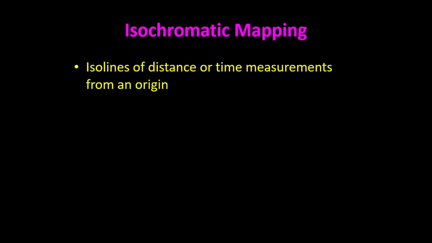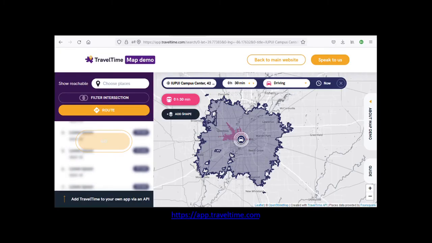Now I'm going to talk about two different types of mapping techniques that aren't necessarily isarithmic, but they're similar in terms of how they might look to the naive map viewer. The first one is called the isochronic mapping technique, and all it is is isolines that show distance or time measurements from a particular specific point or origin. There's a few different apps out there that might show this.